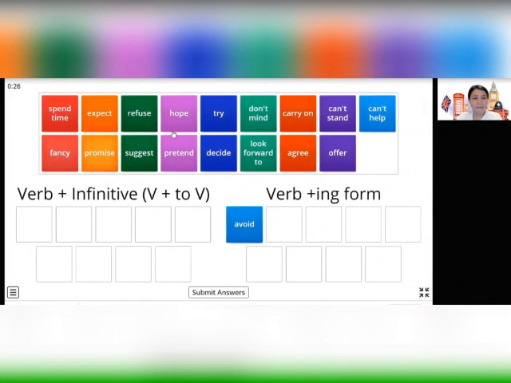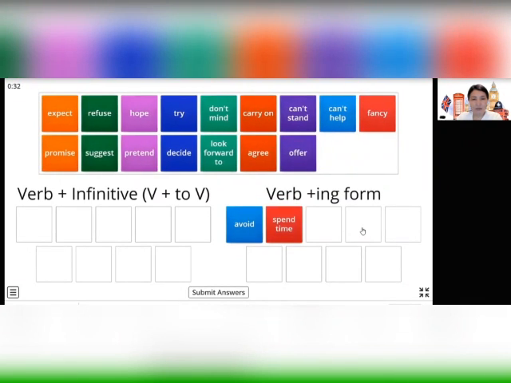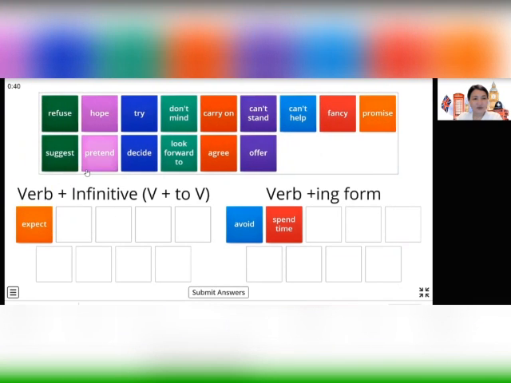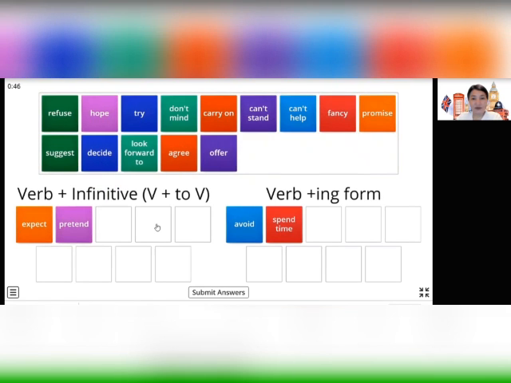Okay, spend time with -ing form, maybe. Expect. Let's put here verb plus infinitive. Pretend, also verb plus infinitive. Can't stand.